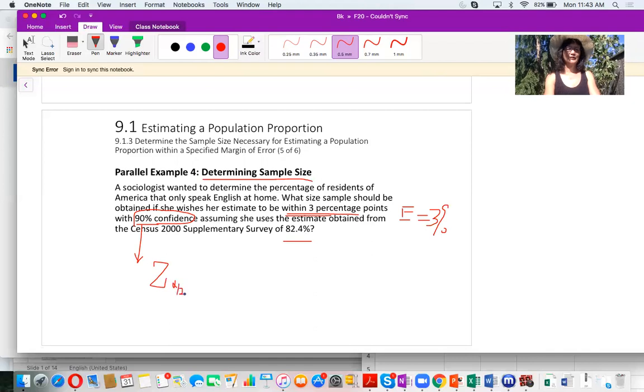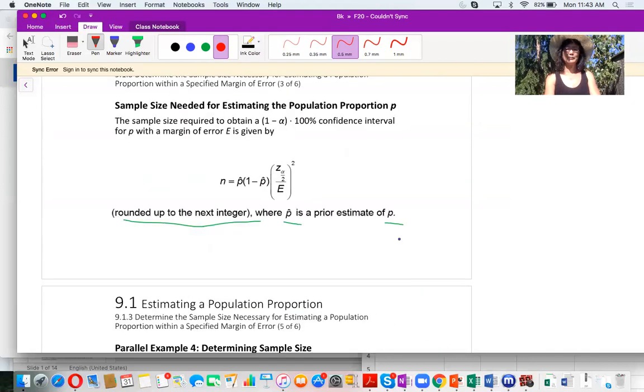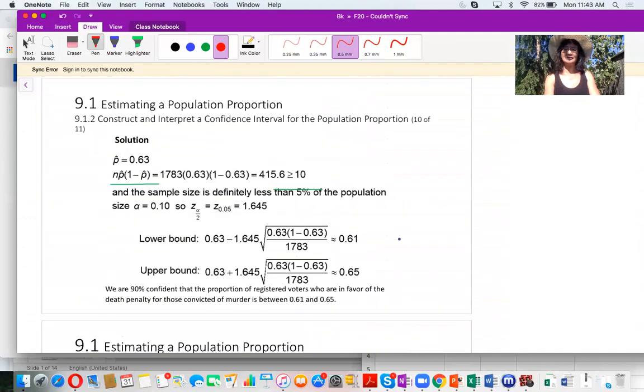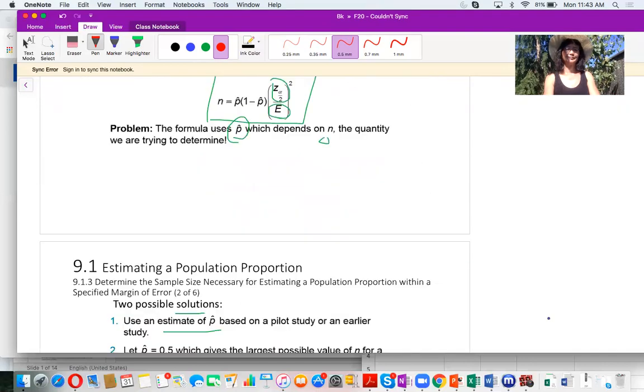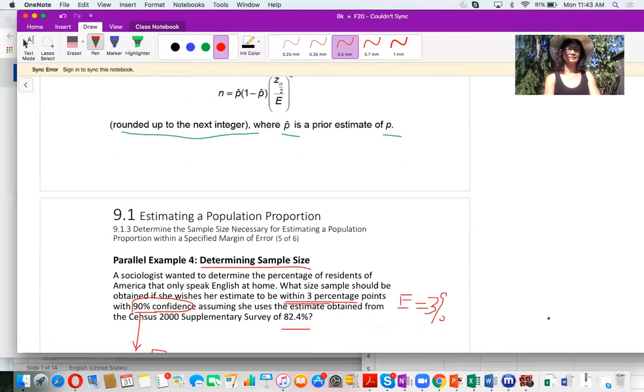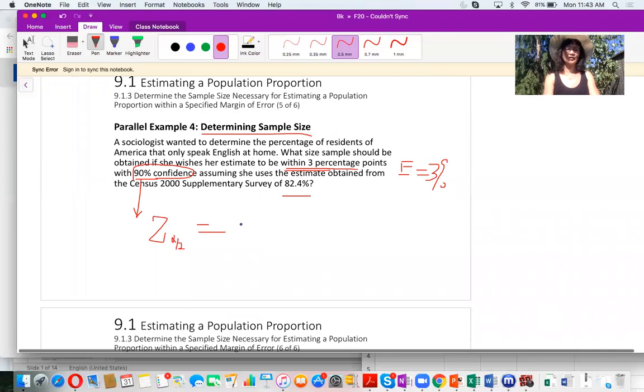When you have 90% confidence, remember we just did this one, Z half alpha is 1.645.